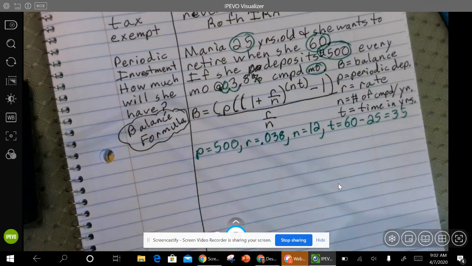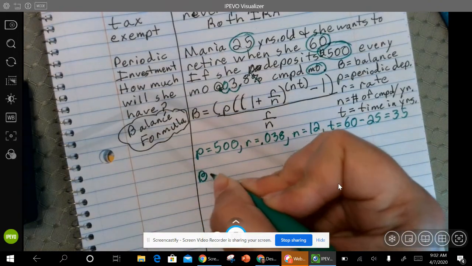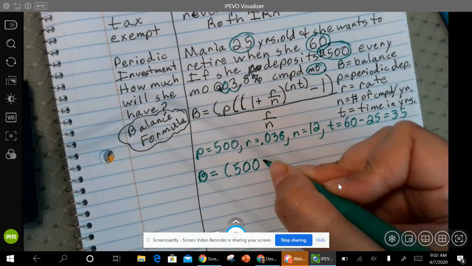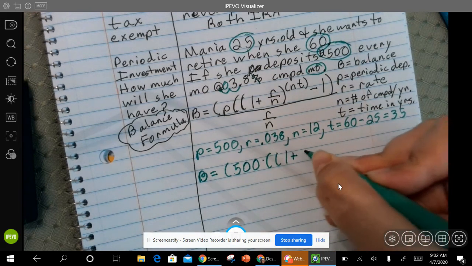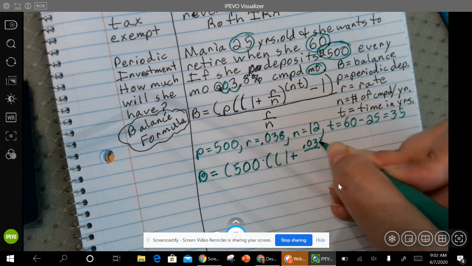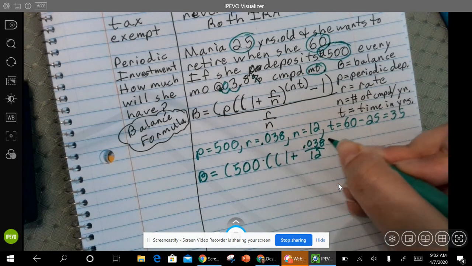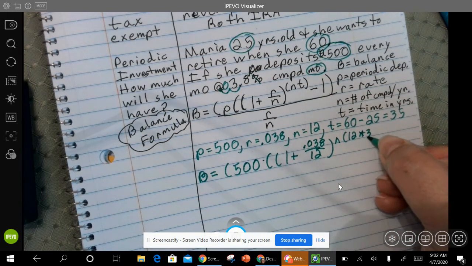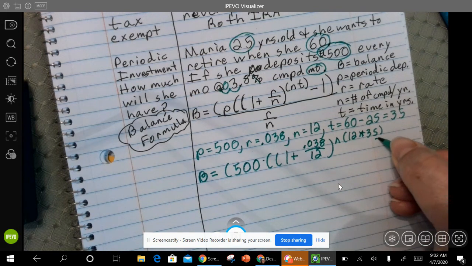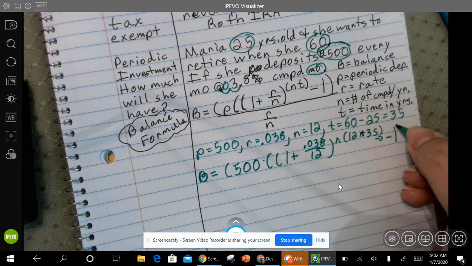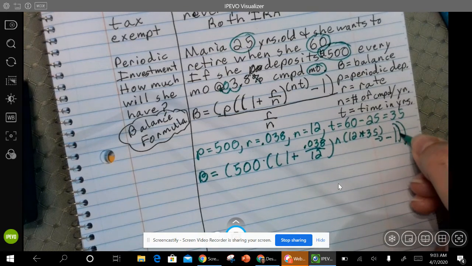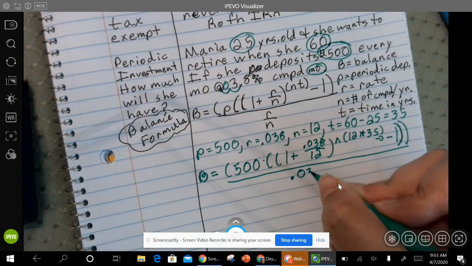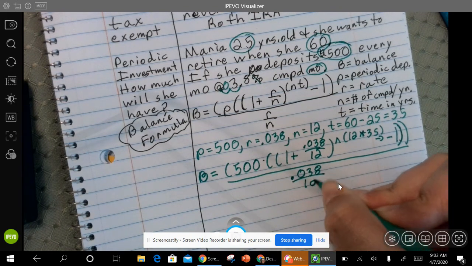So we're going to go ahead and use the balance formula in this one. It's going to be 500 times 1 plus the rate, so 0.038 divided by 12, raised to the 12 times 35. Remember to scroll left and do minus 1, double parentheses, so 2 parentheses here, everybody, all over the rate, 0.038 divided by 12.